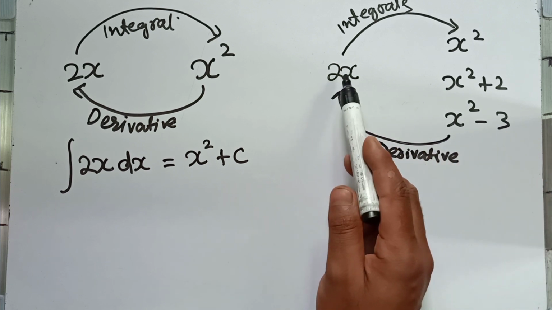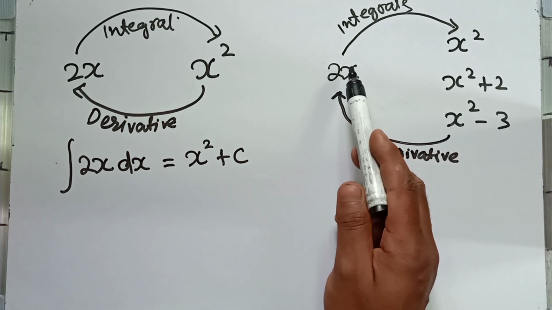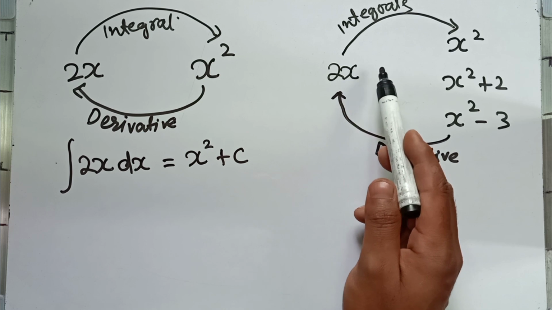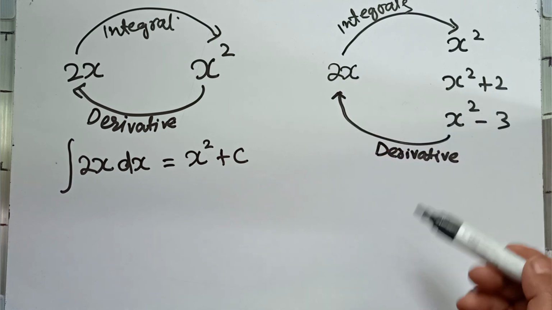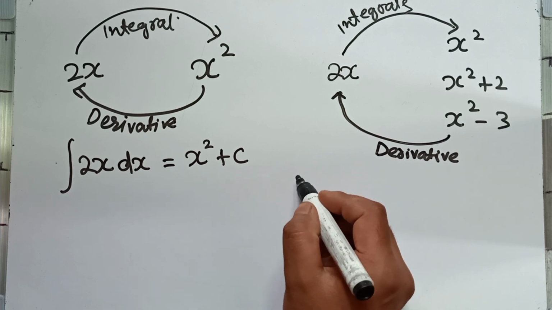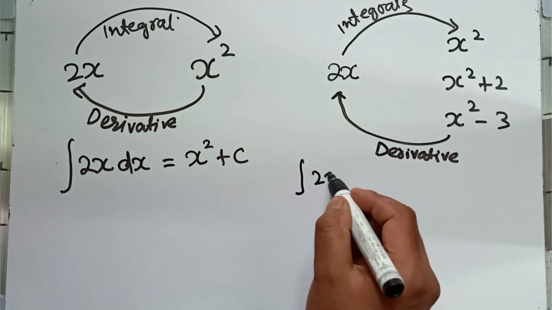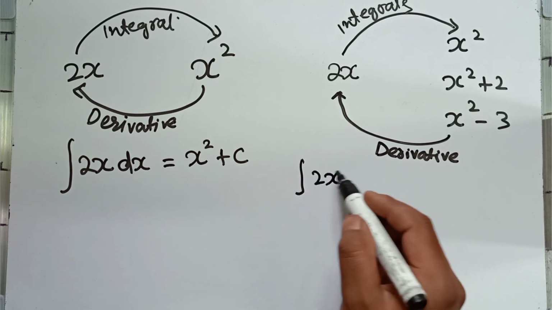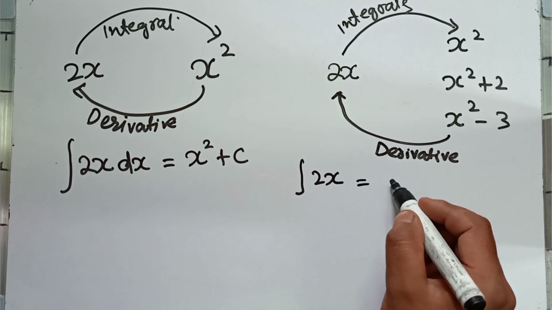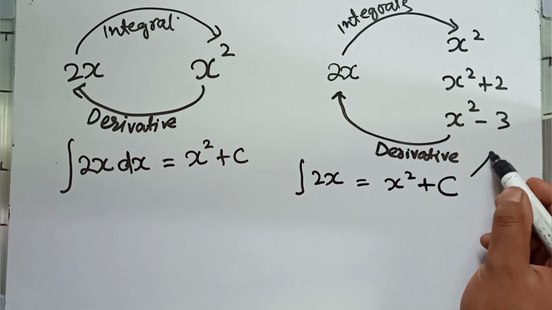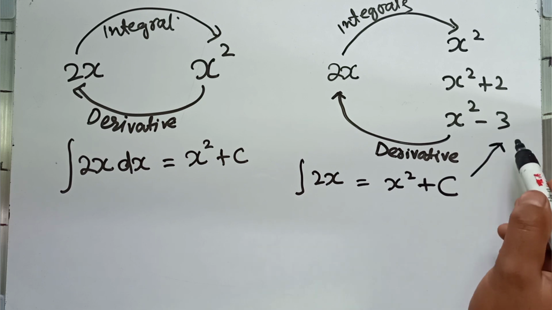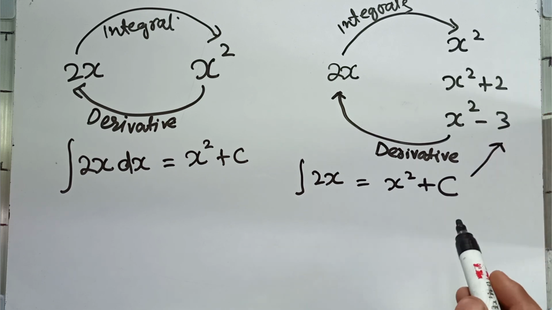So whenever we integrate 2x, we write this c. Then the c can be either 2 or 3, etc. That is, the integral of 2x is x squared plus c. Now this c stands for these constants here.